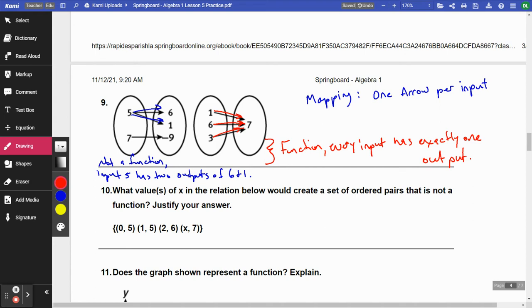Number 10, what values of x in the relation below would create a set of ordered pairs that is not a function? Okay, so what is a value of x that I could create? If x will equal a number, then it's not a function. Well, when is something not a function?